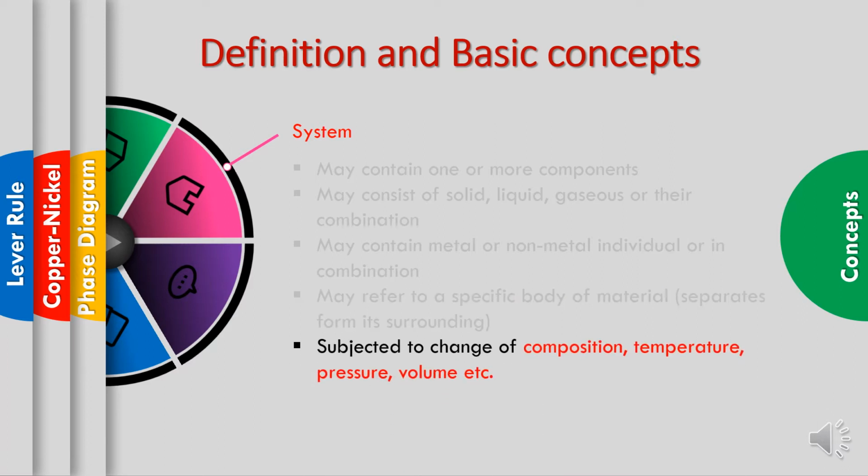The system is also subjected to change of composition, temperature, pressure, volume, etc. So these become parameters in the system whereby we fix the temperature and look at the composition or pressure difference, or we fix the pressure at a number of atm and look at the composition whereby we increase or decrease the temperature.